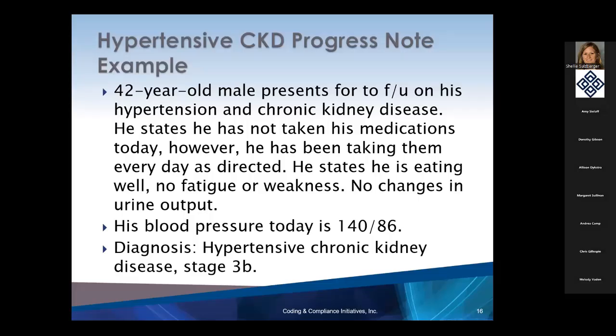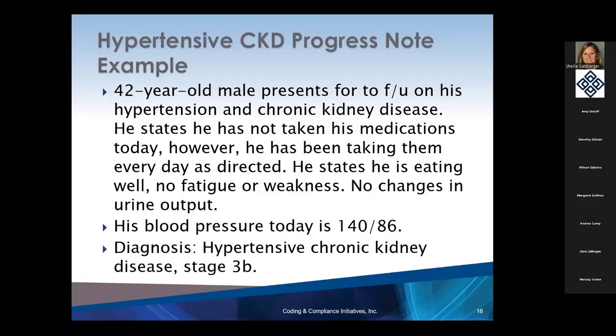Also, when you are documenting your diagnosis, this is above and beyond value-based healthcare. Specify if your diagnosis is at goal or not. So hypertensive heart disease at goal, not at goal. The American Medical Association has been really clear that it is not up to a coder or an auditor to determine if your patient is at goal or not.